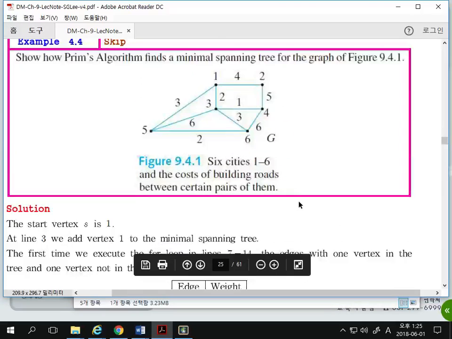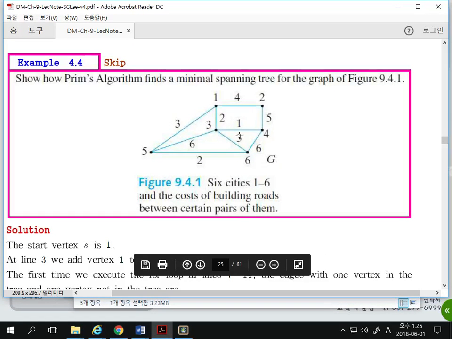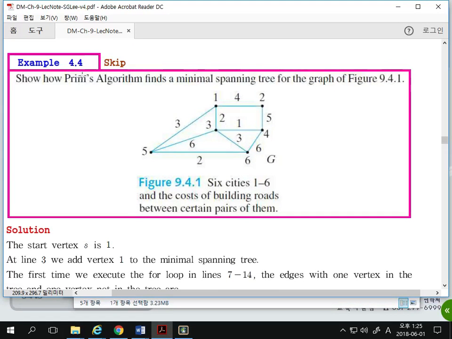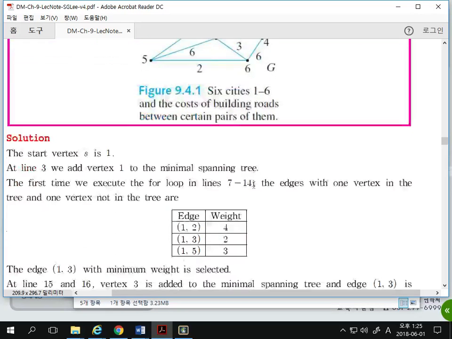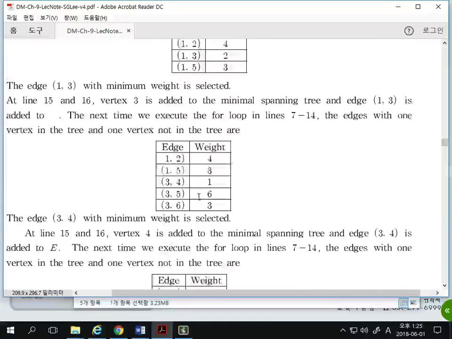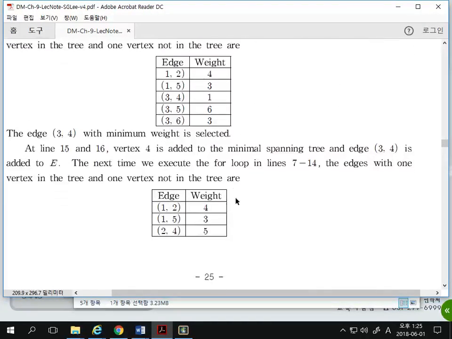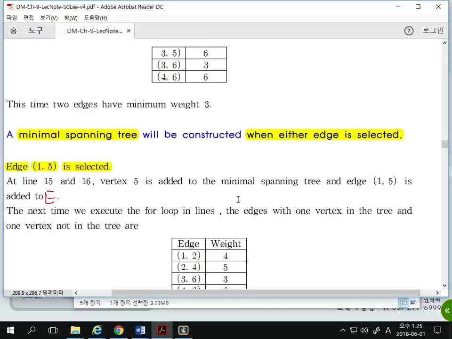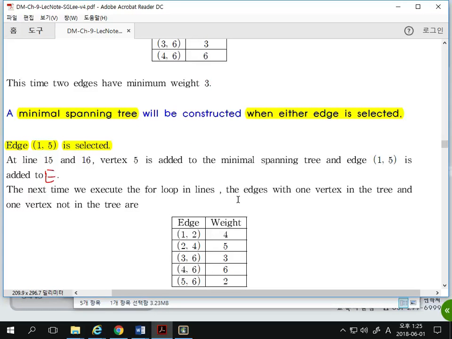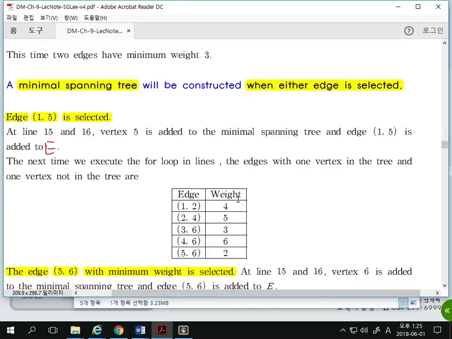Anyway, this example shows how Prim's algorithm works for finding a minimal spanning tree for the graph. If you follow the explanation, then you will easily understand Prim's algorithm like you saw in the given lecture.